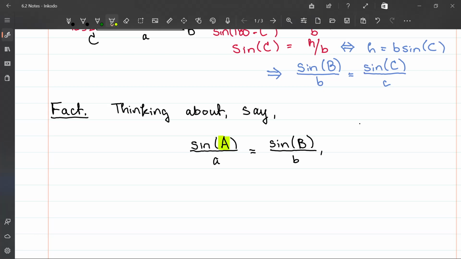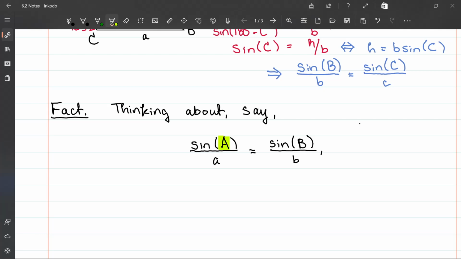But if I choose any two of the fractions from the law of sines and set them equal to one another, and I'm using them to solve an equation with law of sines, then I must always have one unknown, and that will leave me with at least one angle and at least one side, and one angle and one side must be opposite each other.